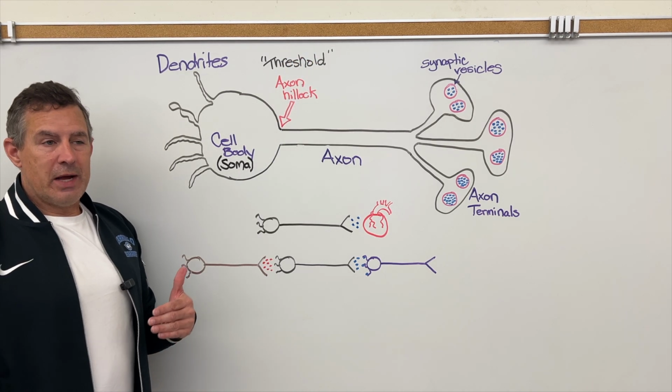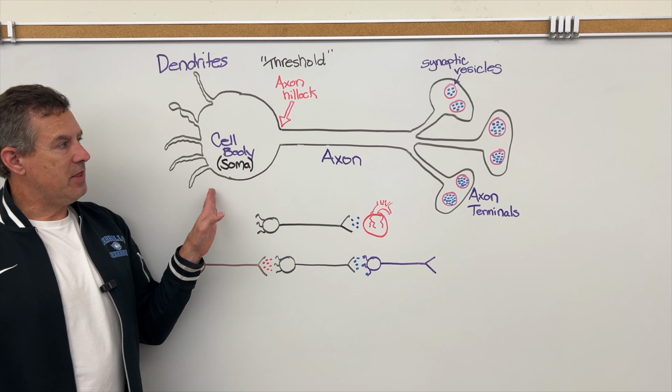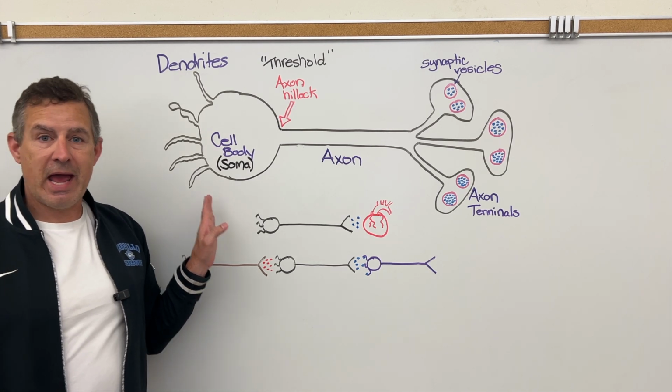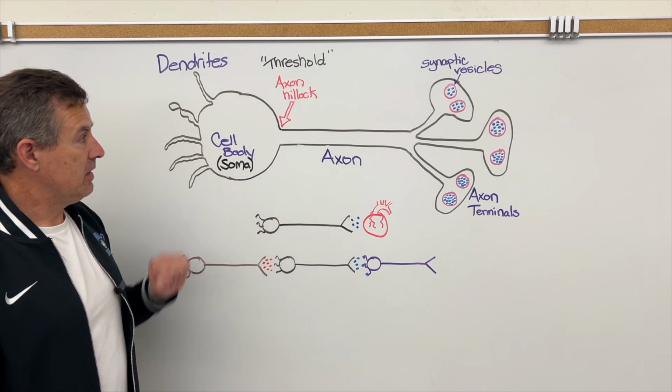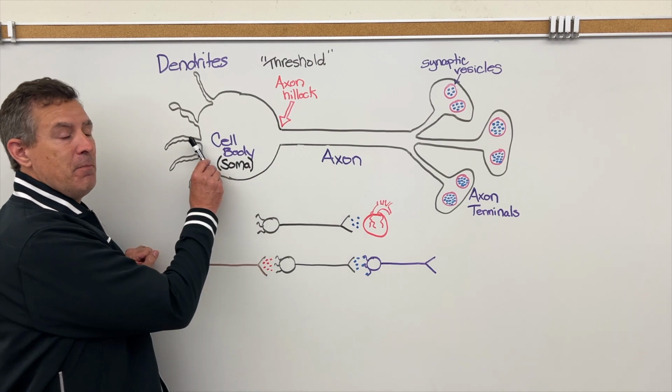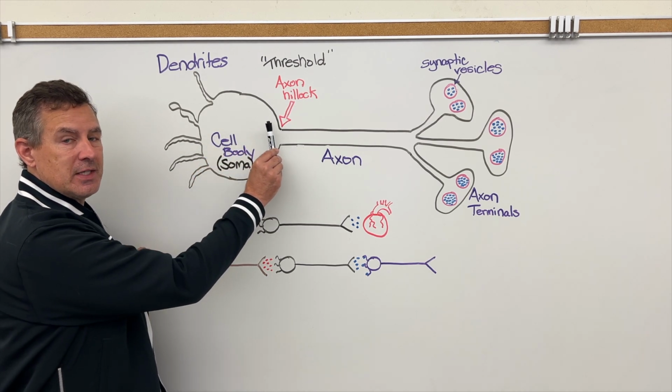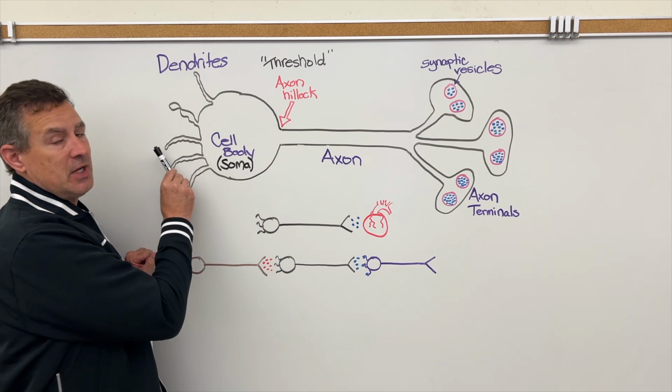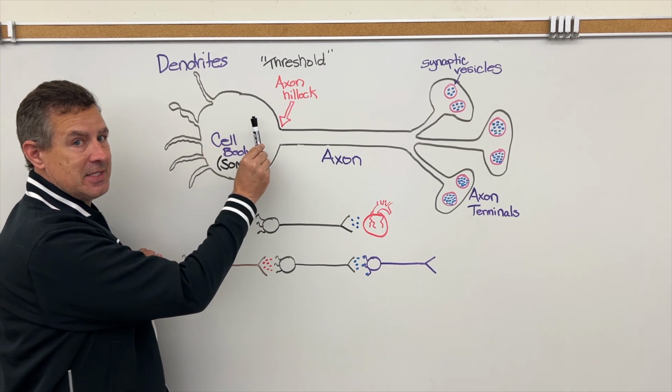In a subsequent video, I will talk in much more detail about the electrical activity that happens along a neuron. But in short, we have a depolarization event that spreads across the cell body. I should say it spreads across the dendrites and the cell body.